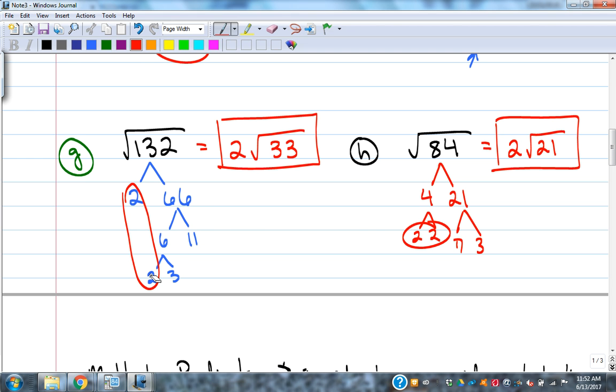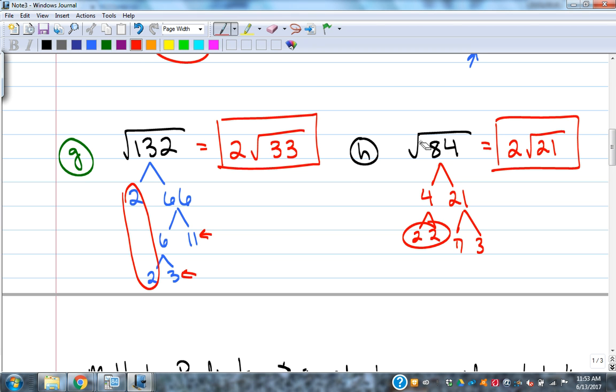And then 6 breaks down to 2 times 3. We have a pair of 2's. That's the 2 on the outside. And then we have 3 and 11 left on the inside. Remember, when there's more than one thing on the inside or the outside, we multiply them together. 3 times 11 is 33. So we end up with the square root of 132 is 2 square root of 33.